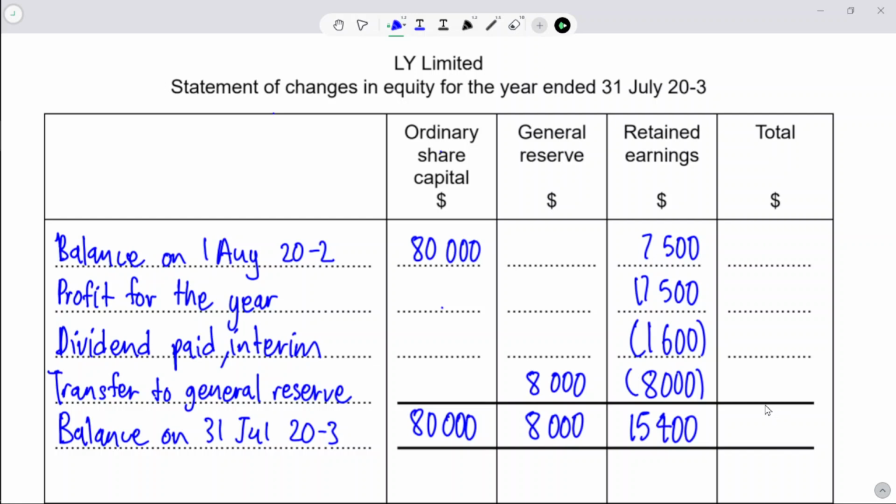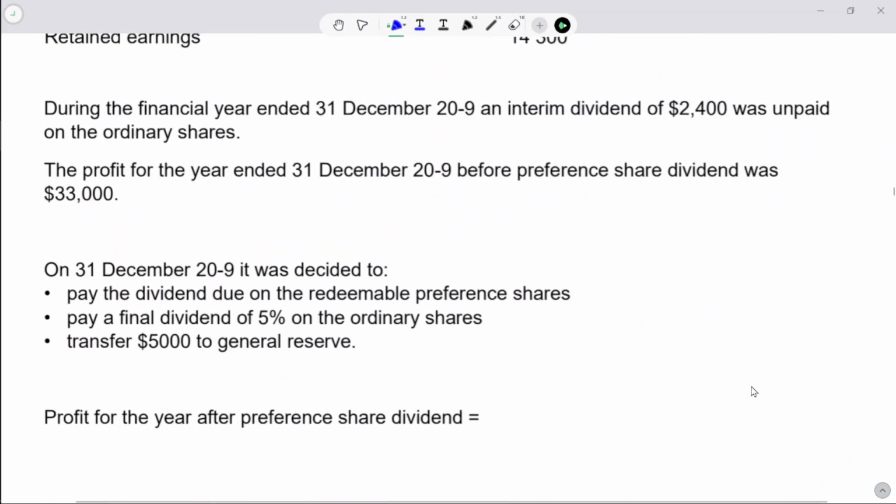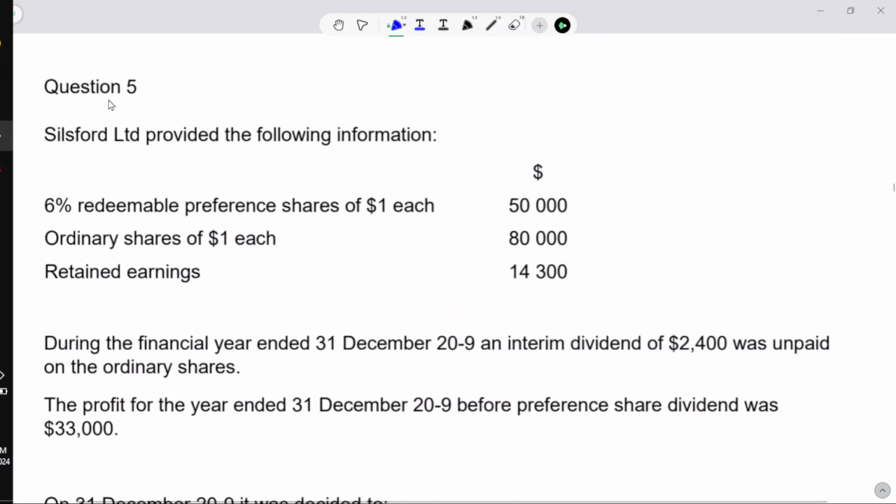Okay. So this answer is correct. Continue. Okay. So continue to question 5.